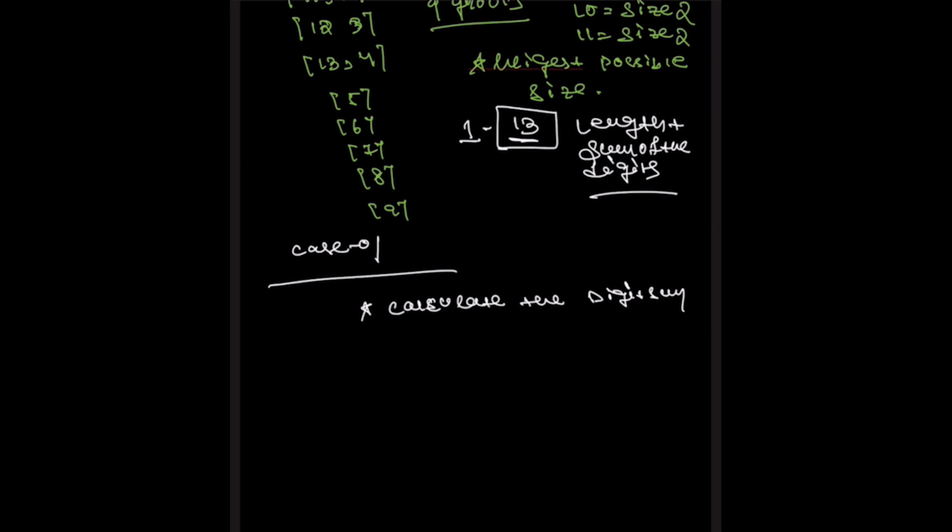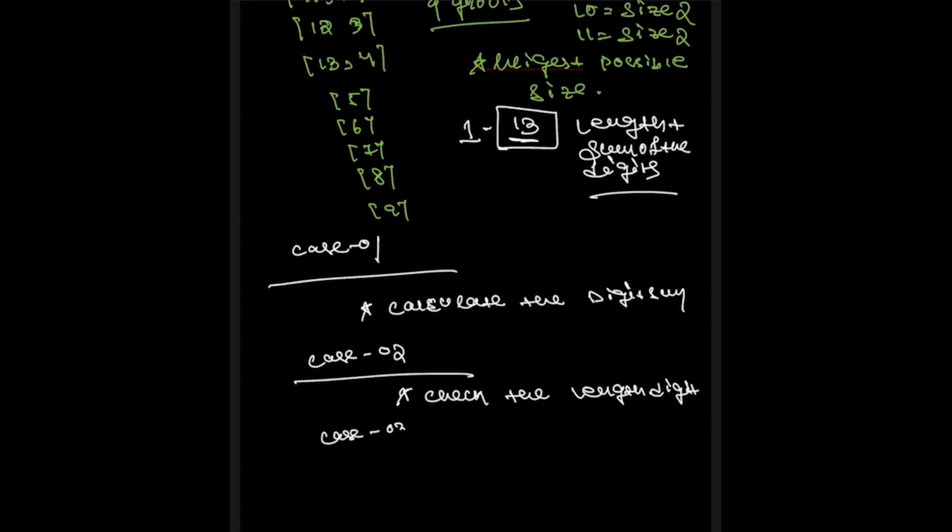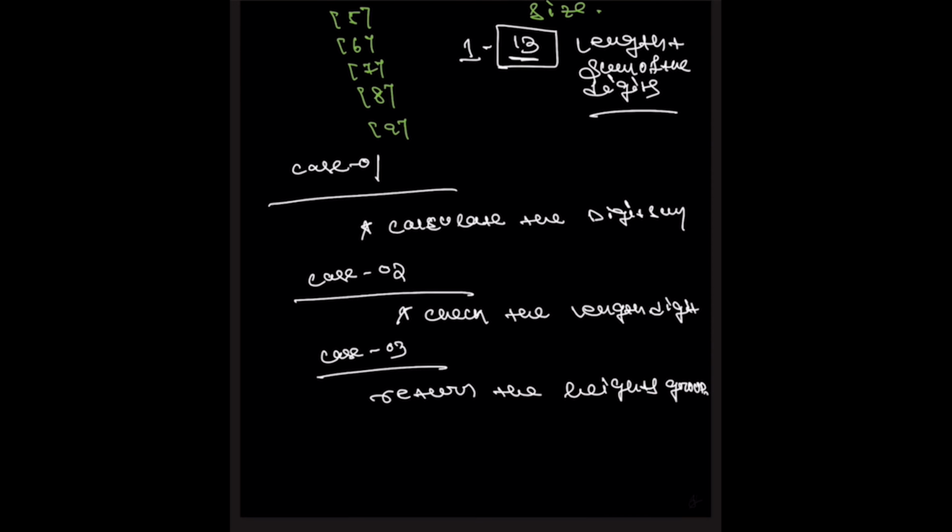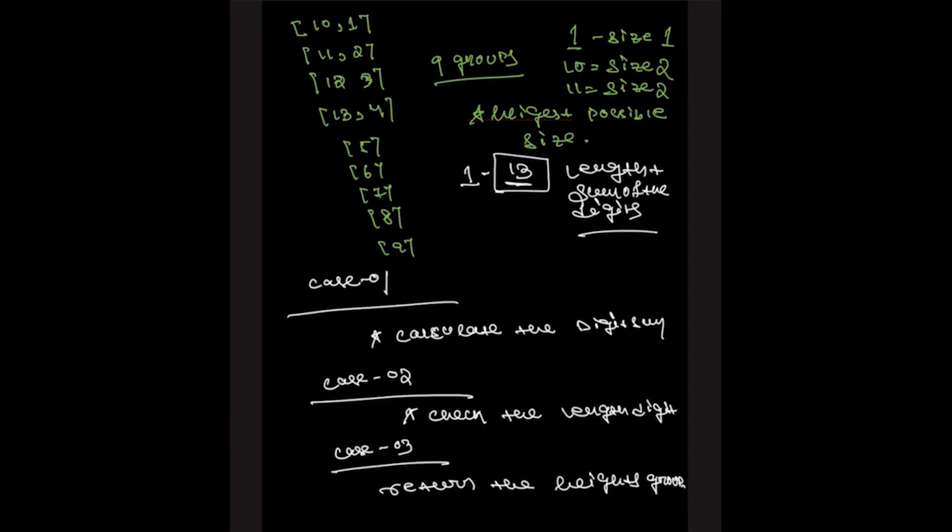Case 2: check the length of the group. Case 3: return the highest group. These are the 3 use cases. Once we find them, we go to the write-the-code section. What is the logic?